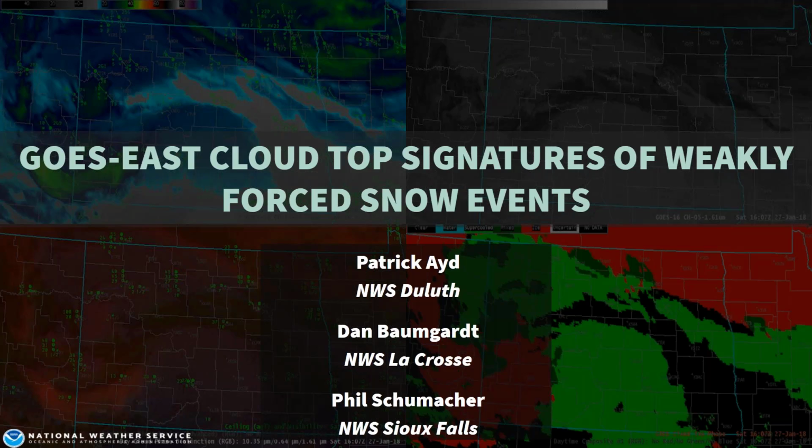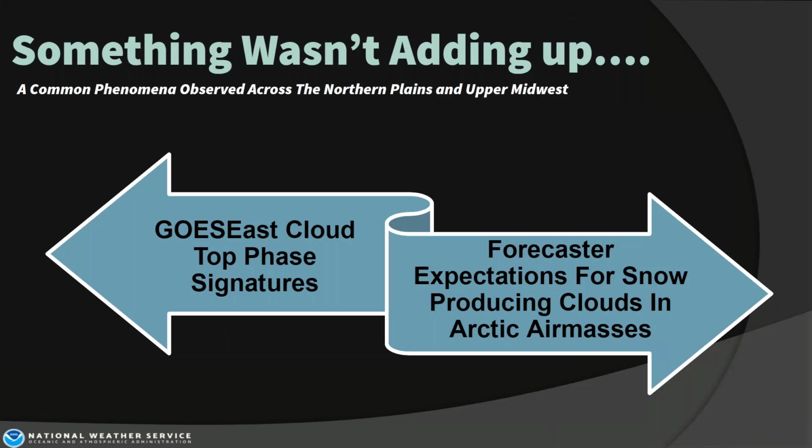So the title is GOES East Cloud Top Signatures of Weakly Forced Snow Events. We'll get to a bit of a case study and have you think about what you would do in the scenario, given the data that you'll see.